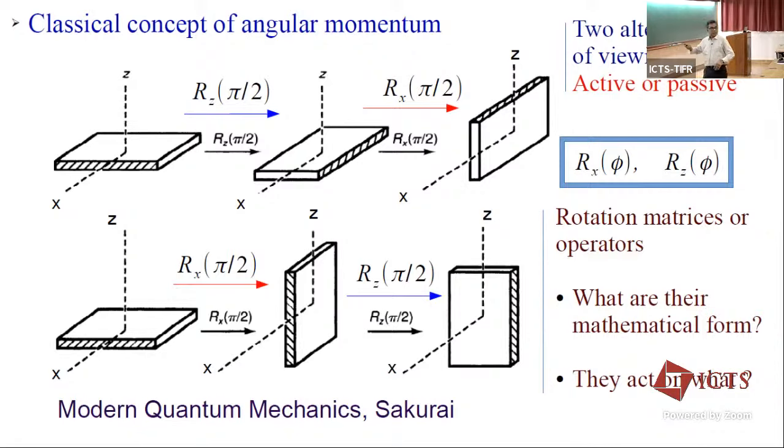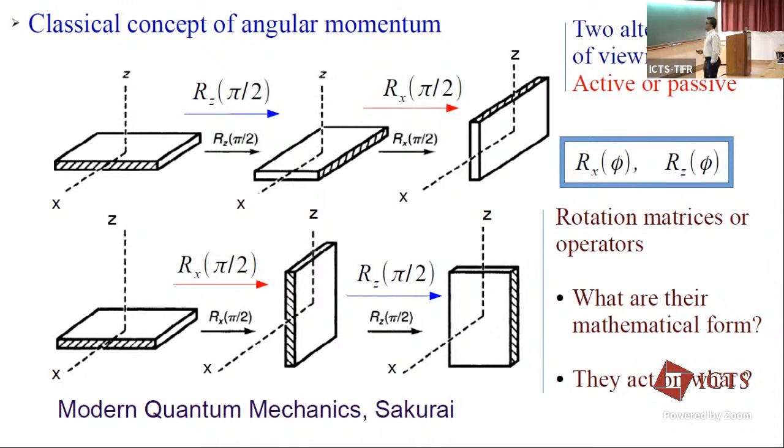When the final results are not the same, we say that these operations are not commuting between themselves. In mathematical language, these are operators, Rx and so on, which you can represent in terms of matrices. So we introduce these rotation matrices. We'll go into detail.